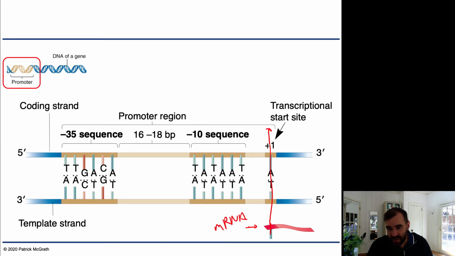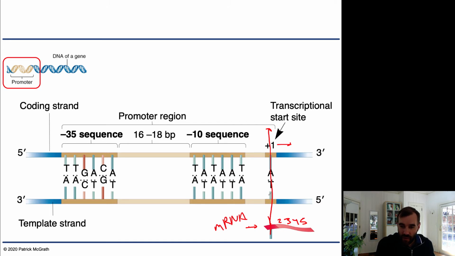So the +1 site is the first DNA nucleotide that encodes something that will end up in the mRNA sequence. So this is all DNA, and then the red is the RNA. And so that is called the +1 site. And then you would just move this way to do the +2 site, +3, +4, etc. So the first part of the DNA that is in the mRNA is called the +1.